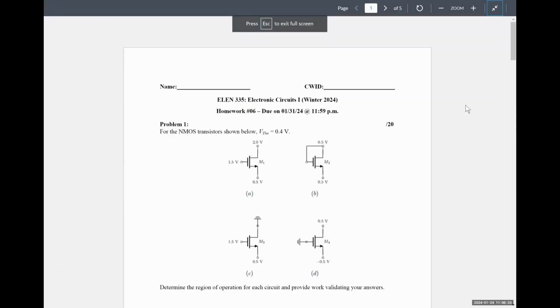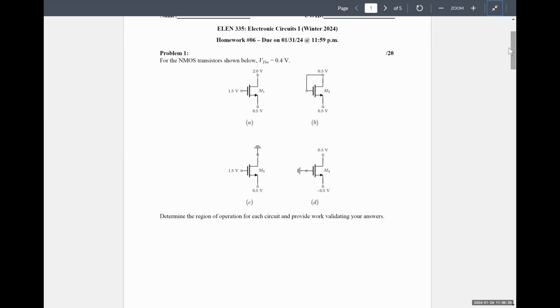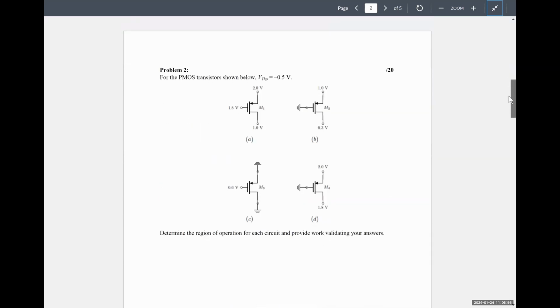So a week from today, technically, we're still going to have a little bit more material to cover on this on Friday. But anyway, here we have a bunch of NMOS transistors, just giving you voltages, and I want you to tell me whether it's in cutoff, saturation, or triode region. Should be pretty easy to figure out. Same basic thing for PMOS transistors.